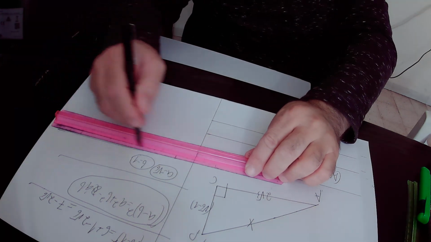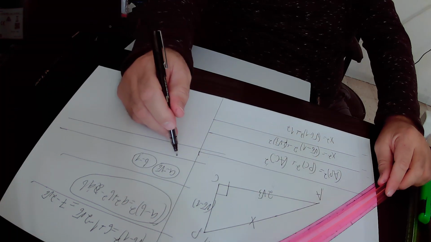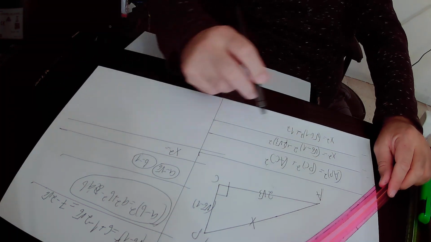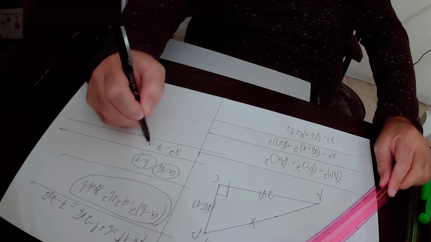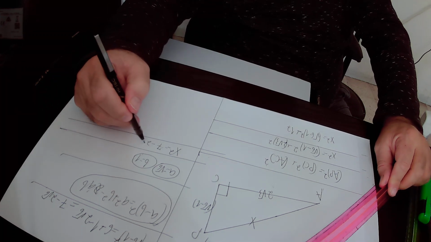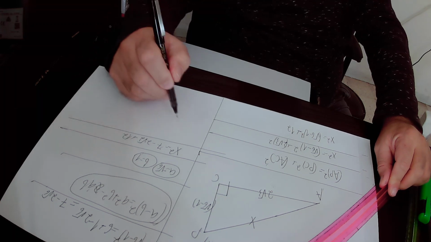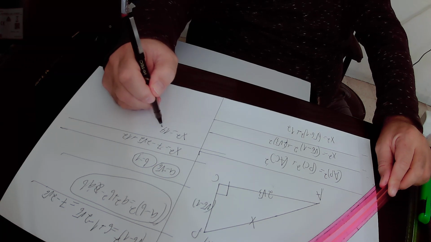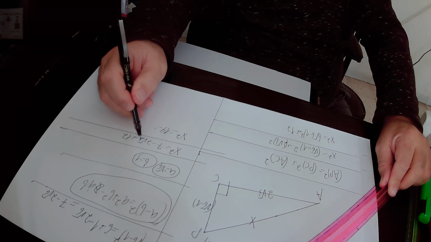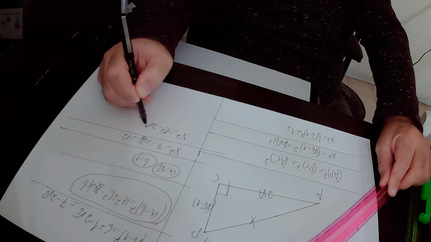So we'll do it now, and we'll get that x square equals 7 minus 2 times square root of 6 plus 12. So x square equals 7 plus 12 is 19 minus 2 times square root of 6.